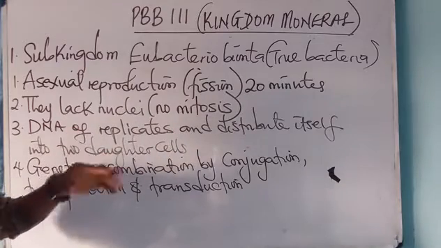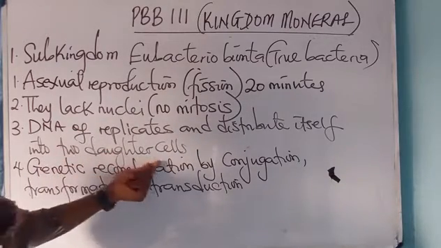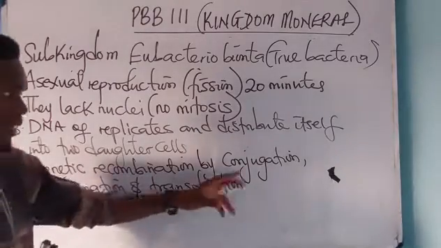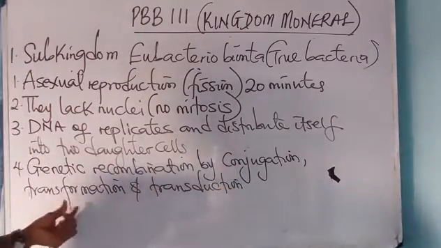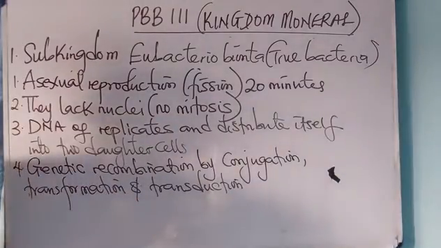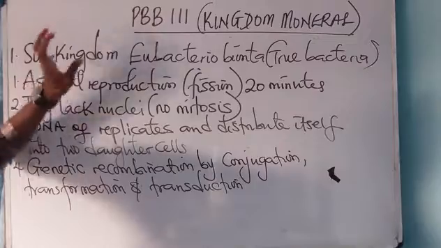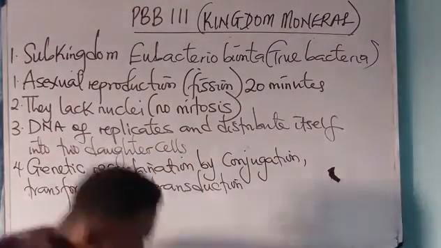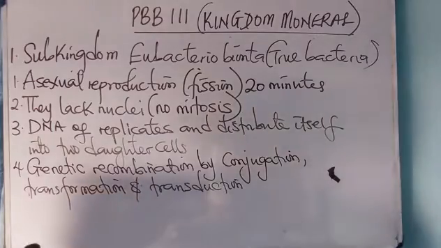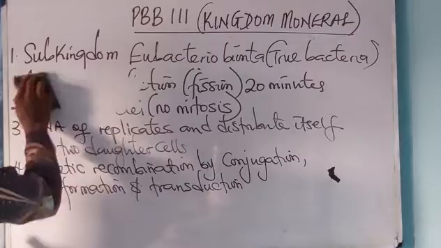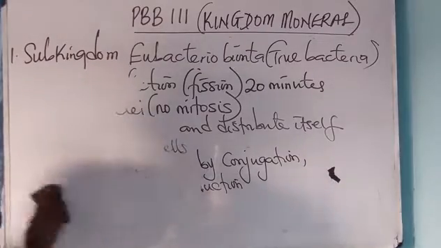DNA replicates and distributes itself into two daughter cells, and they undergo genetic recombination by conjugation, transformation, or transduction. Okay, take note of that, please. Now, under this bacterial biota, we have numerous organisms having different shapes. We have numerous organisms having different what? Shapes. Let me state it here.